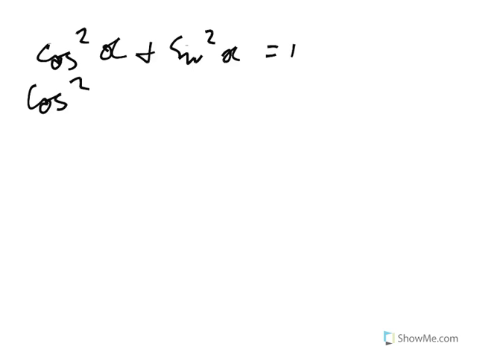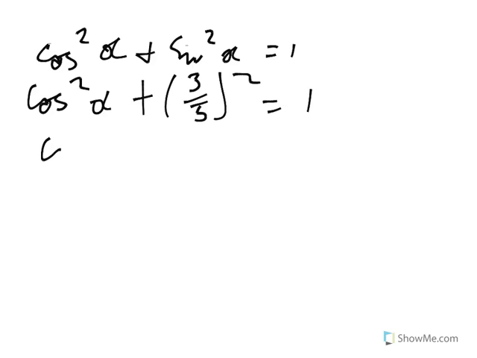So let's have a look then. If cos squared x plus sine squared x is equal to 1, then we've got cos squared x, and sine is 3/5, so 3/5 squared, and that's equal to 1. And so cos squared x plus 9 on 25 equals 1.